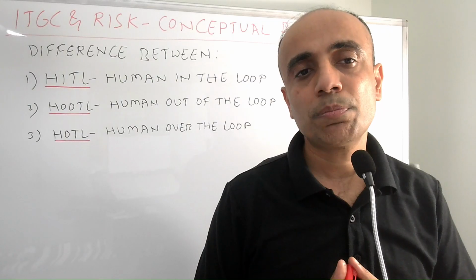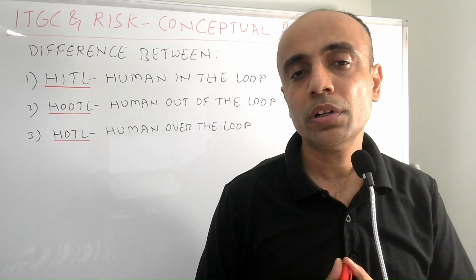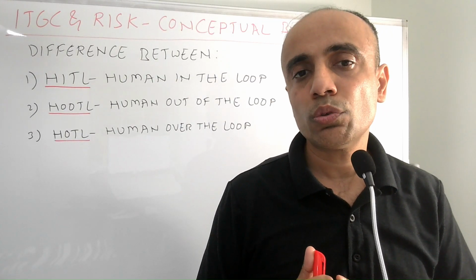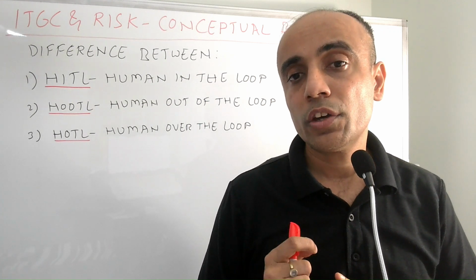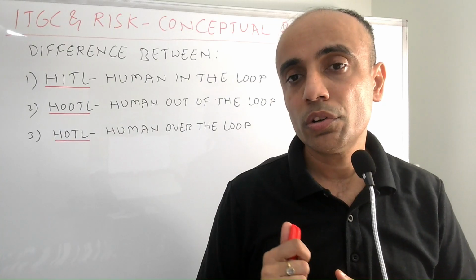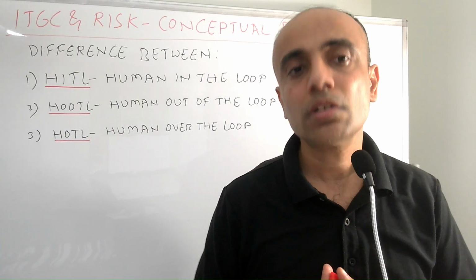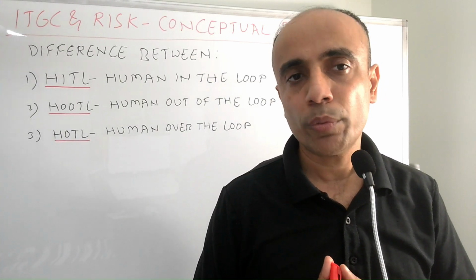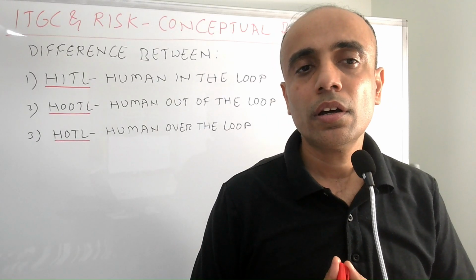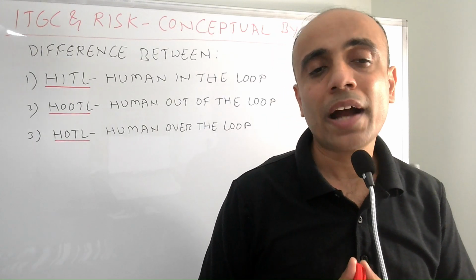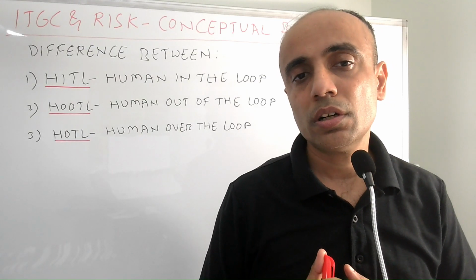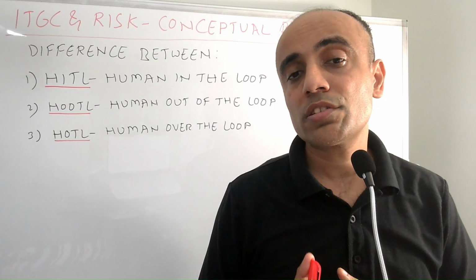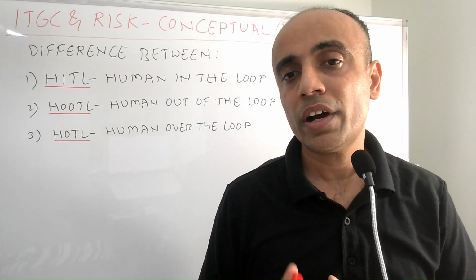Second example is platforms like Facebook and YouTube. They use AI to flag harmful content, but there are human moderators who review the edge cases. Another example of human in the loop. One more example is the banks use AI to score credit risk, but underwriters approve or reject the final loan decision.